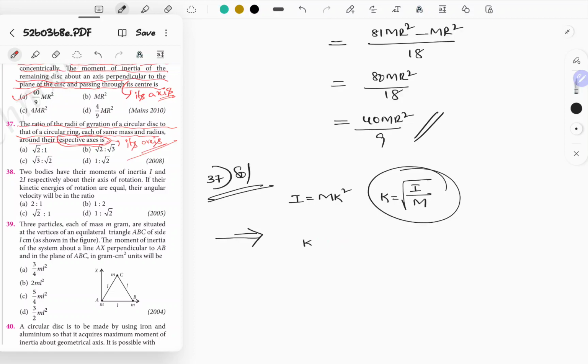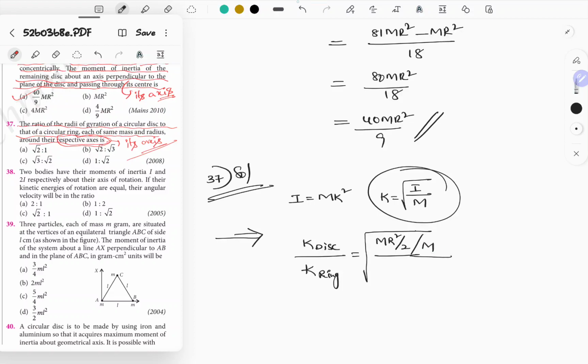So the radius of gyration for a disc divided by the radius of gyration for a ring, which is equal to root of the moment of inertia of the disc, which is mr square by 2, divided by mass again.